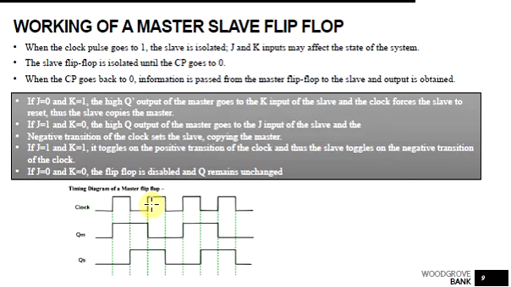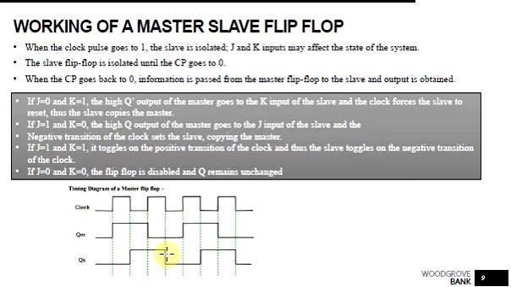Only when the next positive clock pulse arrives will the Q of the master be toggled to the lower state, but it does not change the output of the slave, which remains the same. Only when there is a negative pulse will the slave be affected.